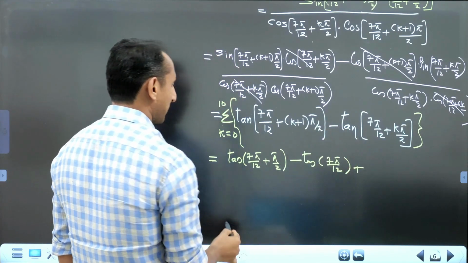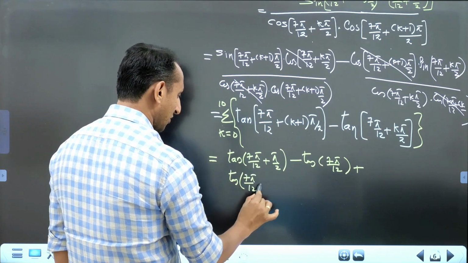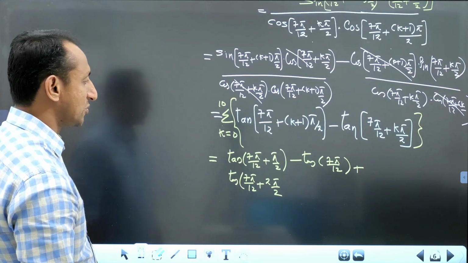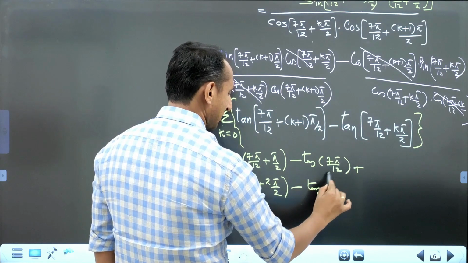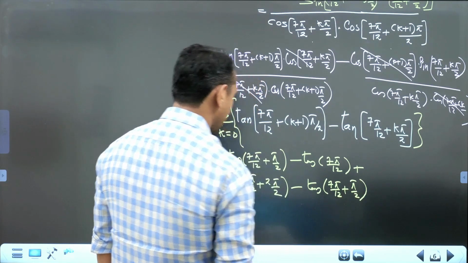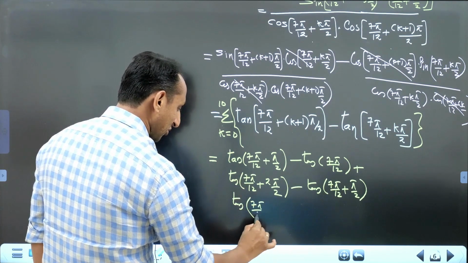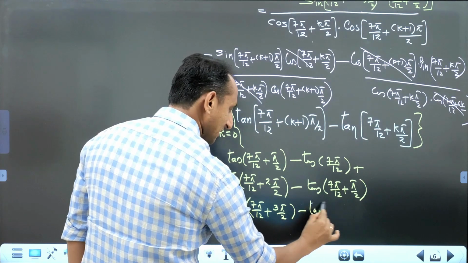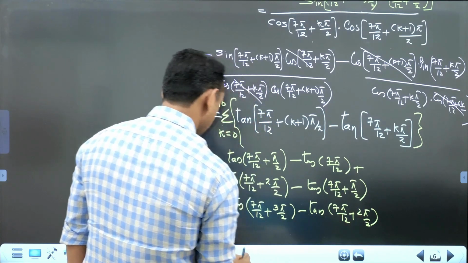Next, put k is equal to 1: tan of (7π/12 + 2π/2) minus tan of (7π/12 + π/2). Next, k is equal to 2: tan of (7π/12 + 3π/2) minus tan of (7π/12 + 2π/2). It goes such a way.